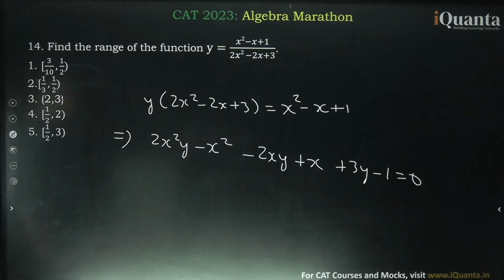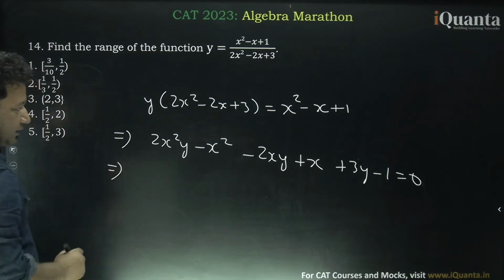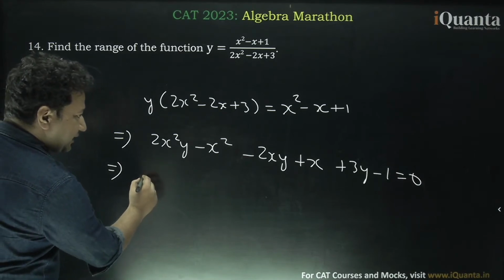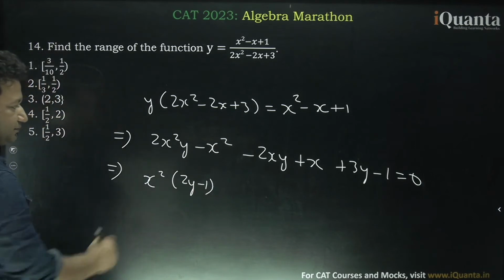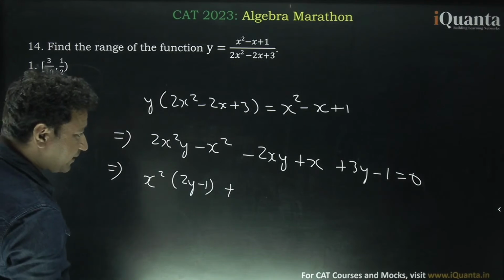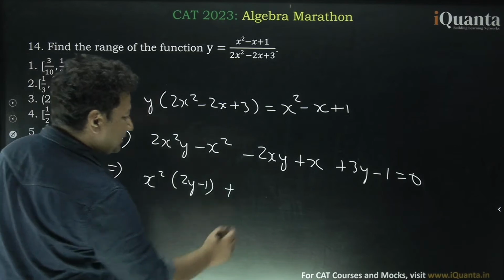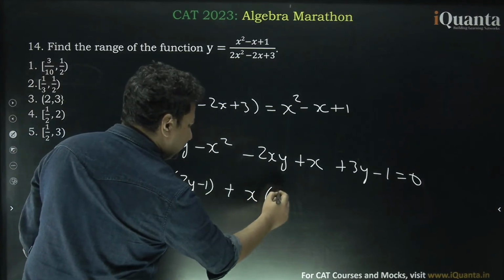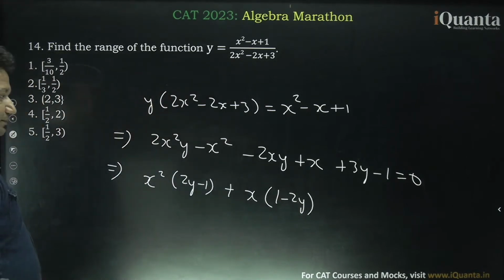Right? So what we did for x, now we can do it for y and we'll get our answer. So here if I take x squared common, I'll be having 2y minus 1 as the coefficient. Here, what should I take common over here? x, and we'll be having 1 minus 2y, right?